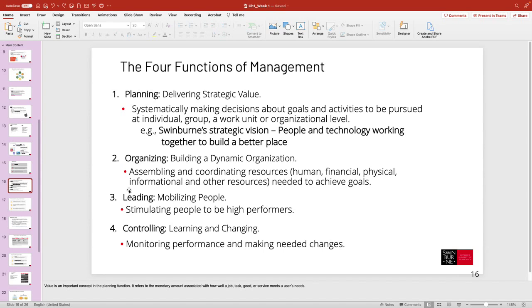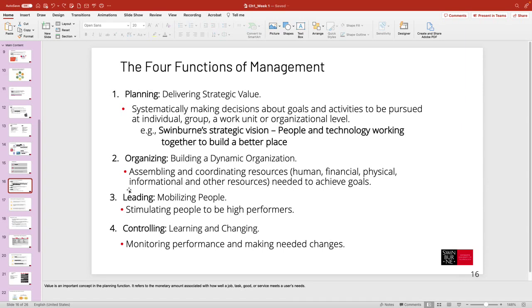But very briefly, let's see what planning is. Planning is systematically making decisions about goals and activities to be pursued at individual, group, work unit, and organizational level. Let me simplify that. What do managers do when they're planning? They set organizational goals and objectives.